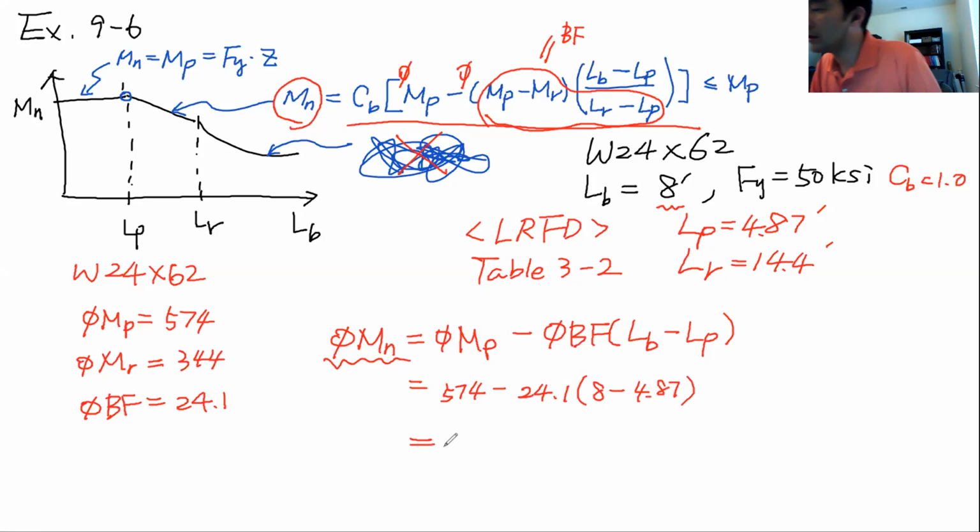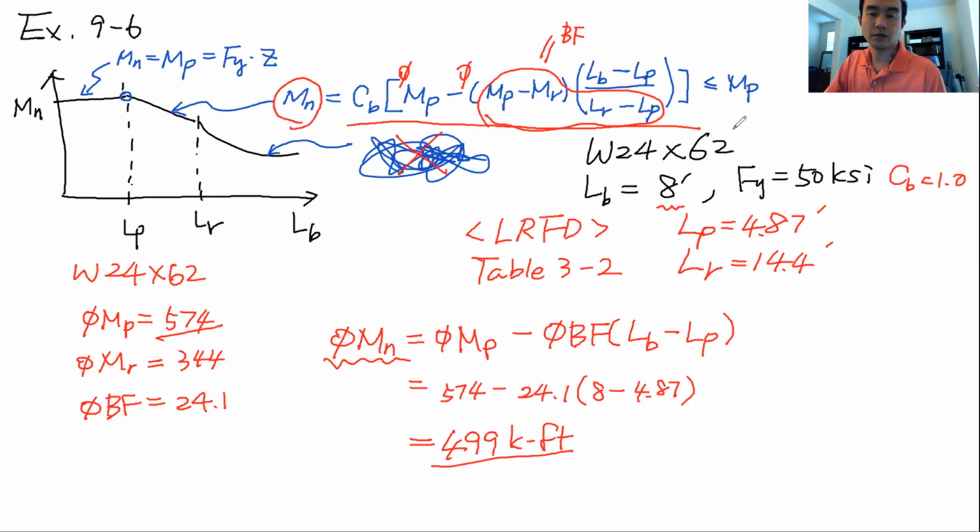So when I calculate this number, I got 499 kip-feet, which is less than 574. So that is good, because we have to make sure that this factored Mn using this equation should be less than phi times Mp, which is the maximum capacity of our beam, the maximum plastic capacity.